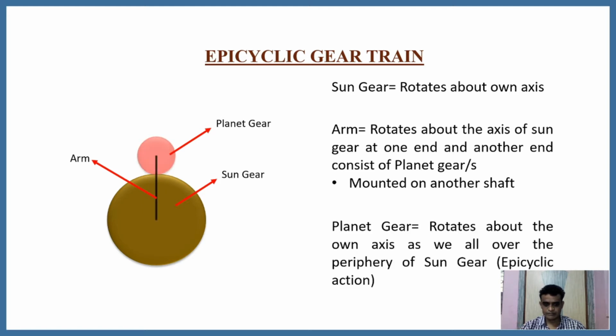The planet gear rotates about its own axis as well as about the periphery of the sun gear. That's why this is called the epicyclic action. That means one gear rotating about the periphery of another circle is called the epicyclic action, and that's why such gear pairs or gear trains are called epicyclic gear trains.